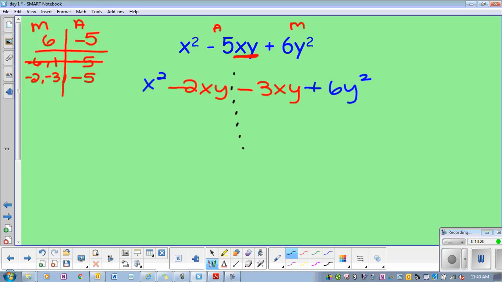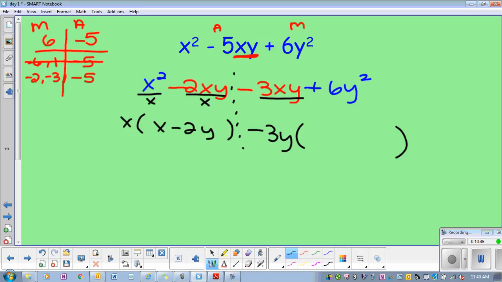And then let's find the GCF. GCF of the left-hand side, x. GCF of the right-hand side, thank you, negative, because it's starting with a negative, 3y.